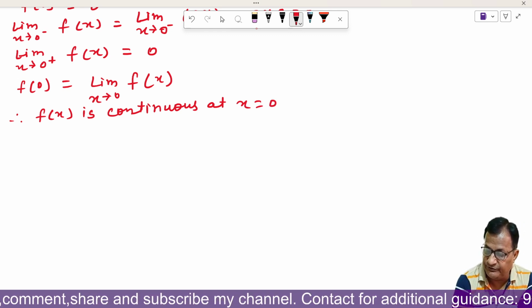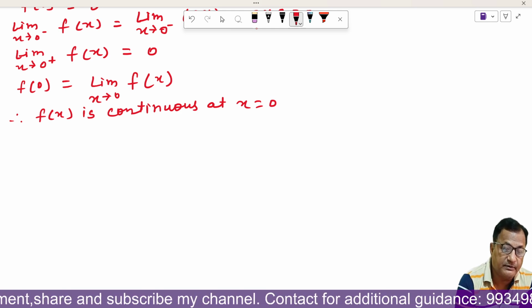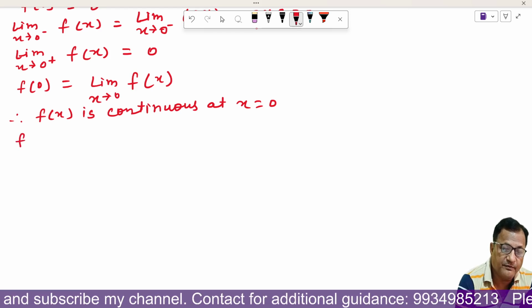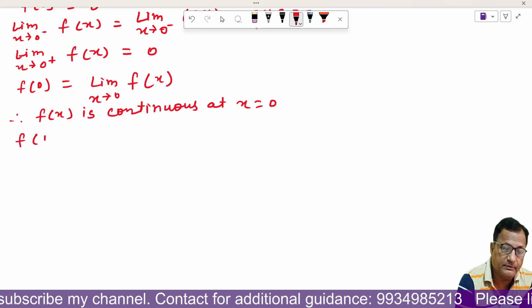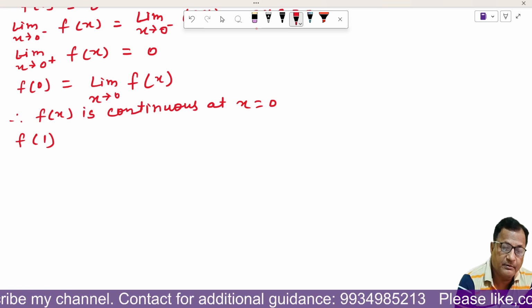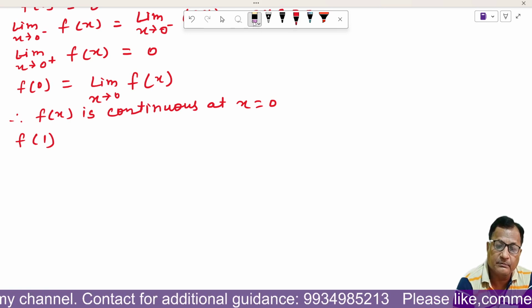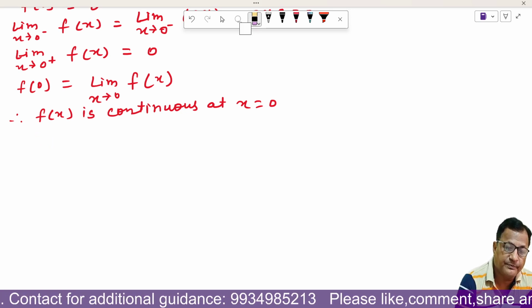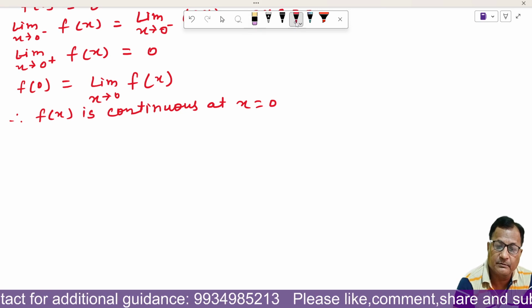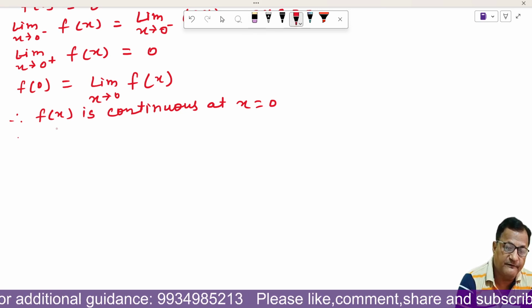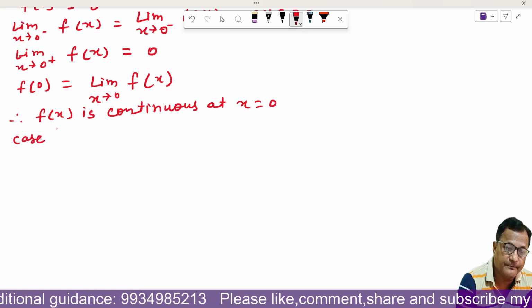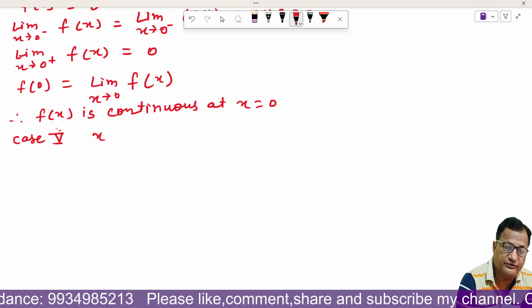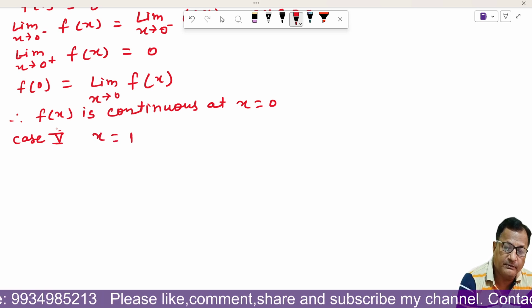Now we will check continuity at 1. Case 5. x is equal to 1.